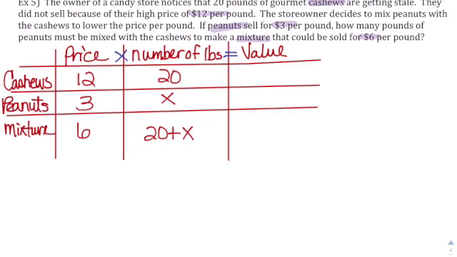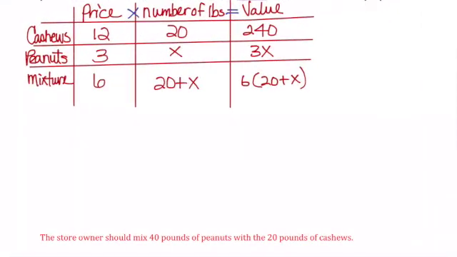So therefore, it's 20 plus X. The value is, remember, price times the number. So that's going to be 12 times 20, 240. 3 times X, 3X. 6 times (20 plus X). That's your chart.